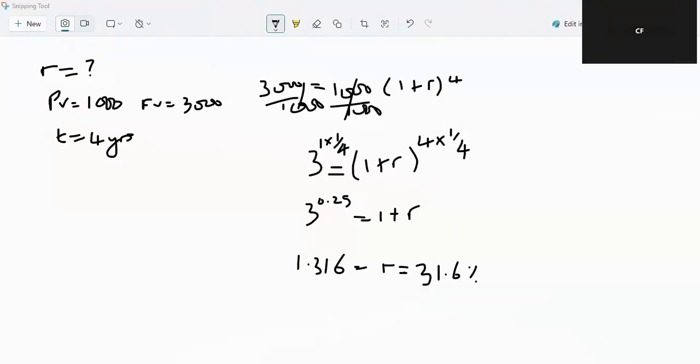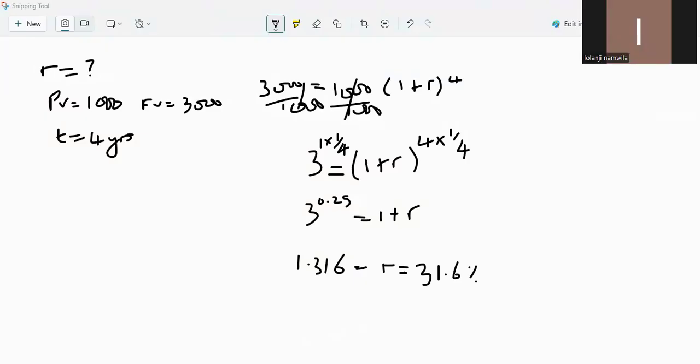If it was 5 years there, I would have done 1/5, that is 0.2. It's just a way of getting rid of this. If it was 6 there, 1/6. So you just follow according to the given number that is there. Okay.